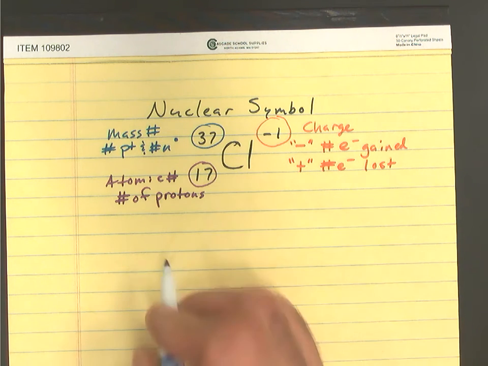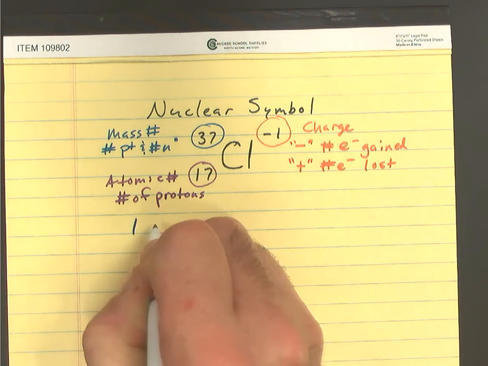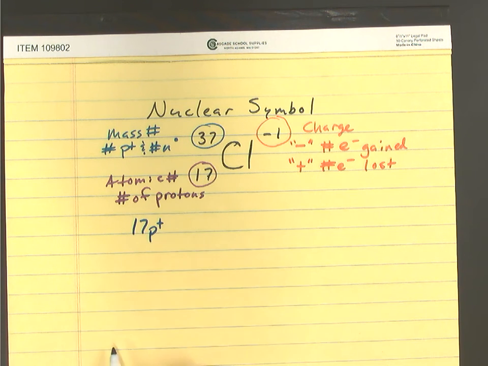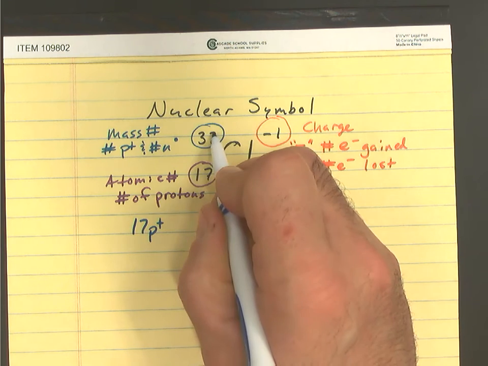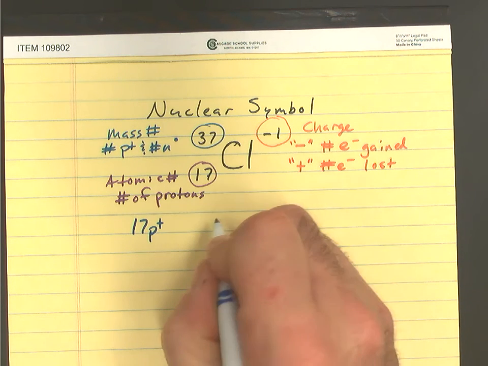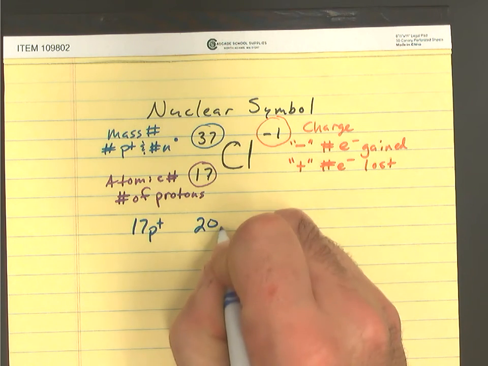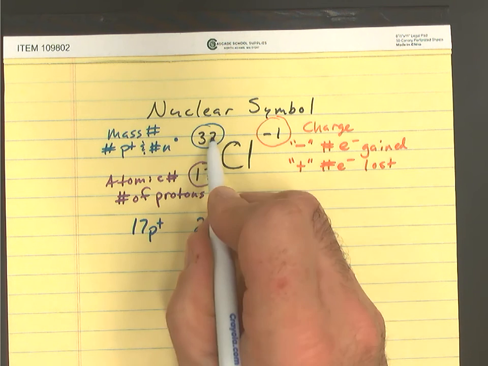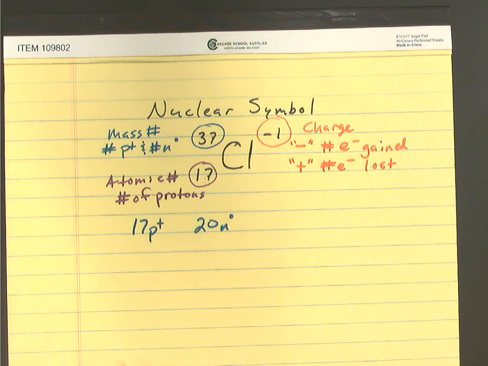So for this one, we have 17 protons because the atomic number is 17. 37 minus 17, we're going to have 20 neutrons. And we get that by taking our mass number minus our atomic number.